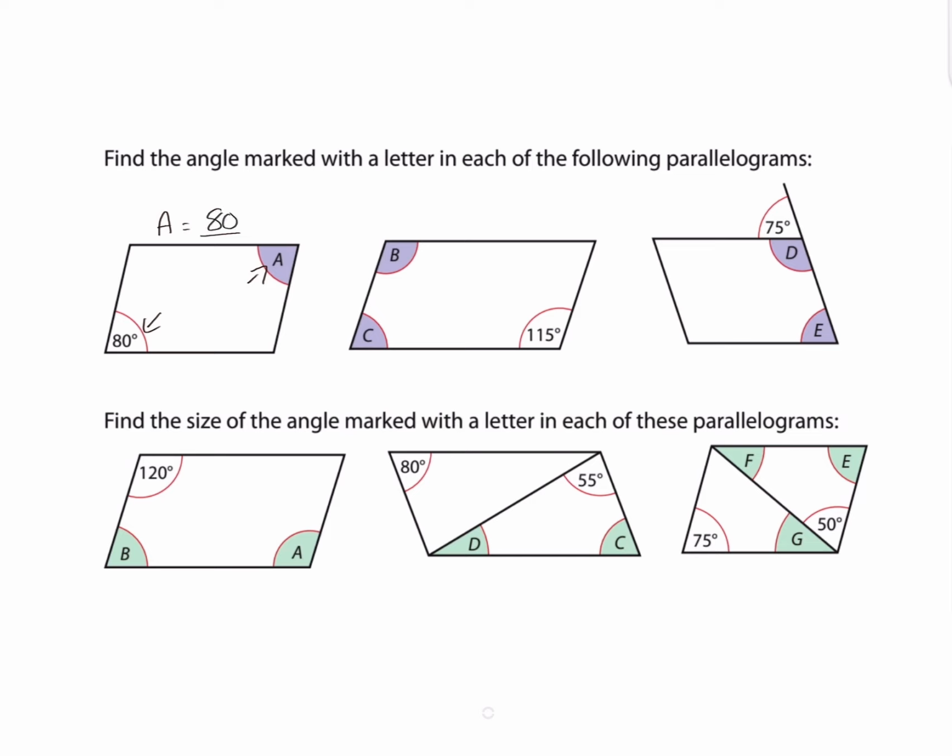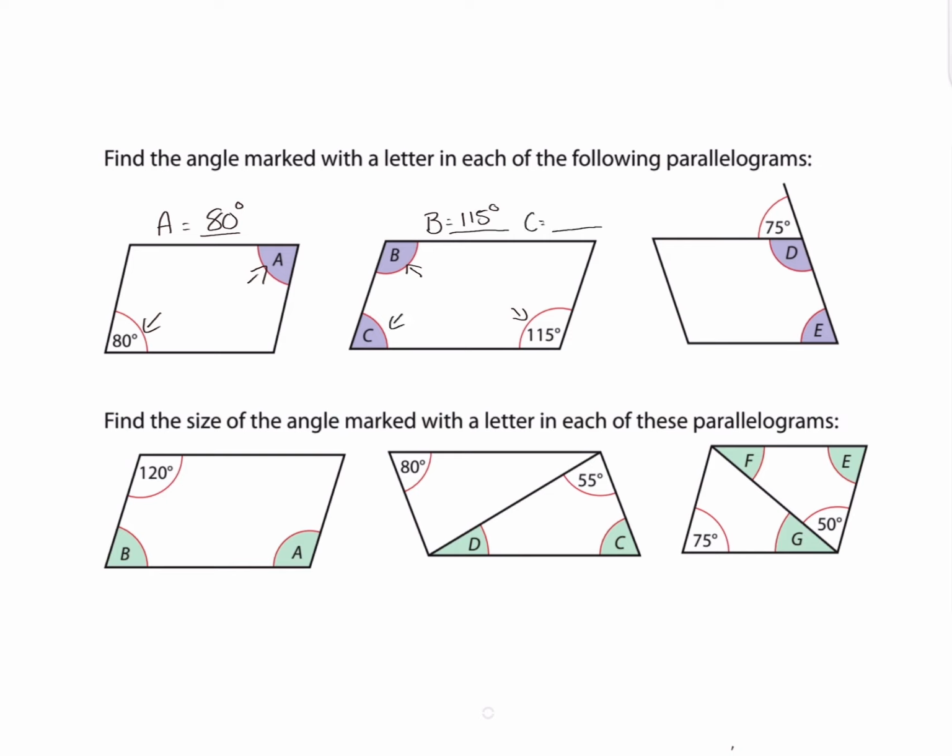So A must be 80 degrees. And then over here, we have this one here, 115, and it is opposite B. So B must be 115. Okay?